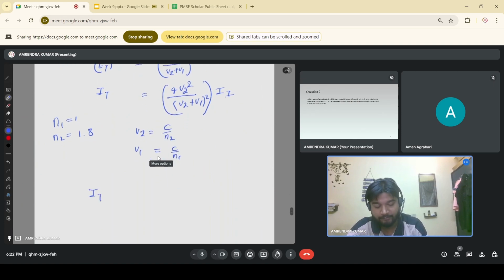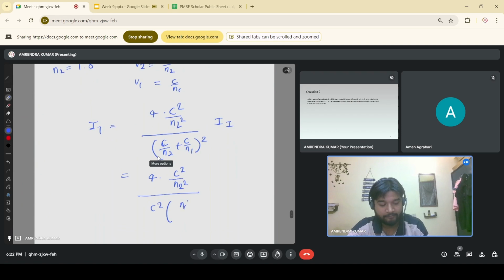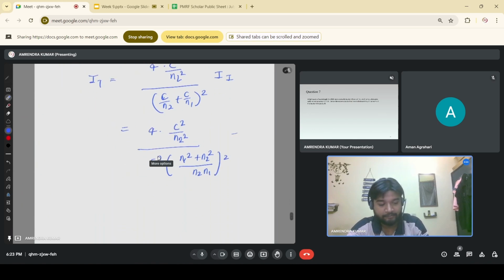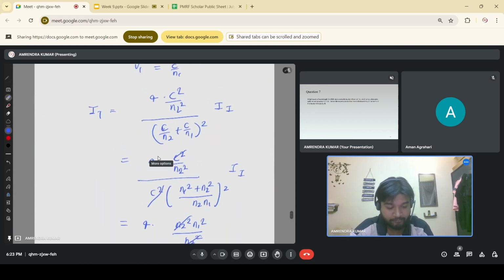So we can write IT in terms of n1 and n2 like 4 c square by n2 square over c by n2 plus c by n1 squared, times II. Taking c square out, the numerator has 4 over n2 square and the denominator has n1 square plus n2 square over n1 square n2 square, which cancels out.